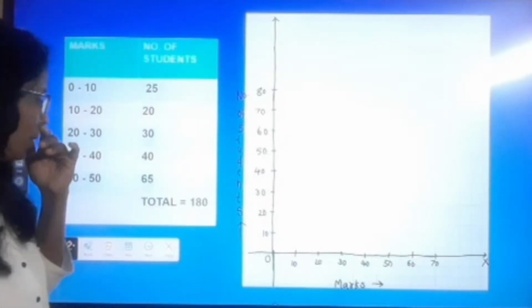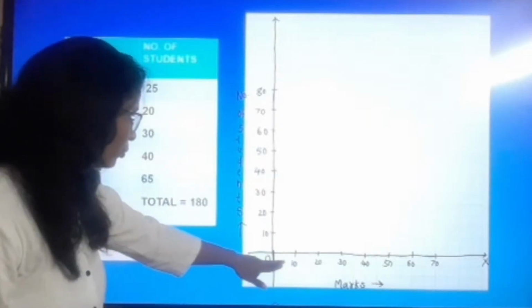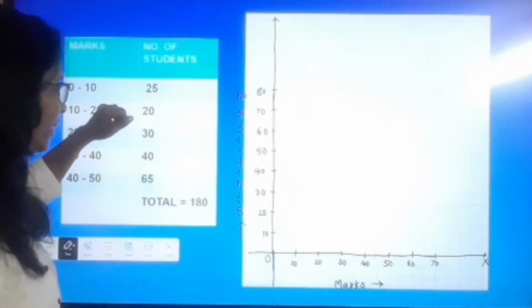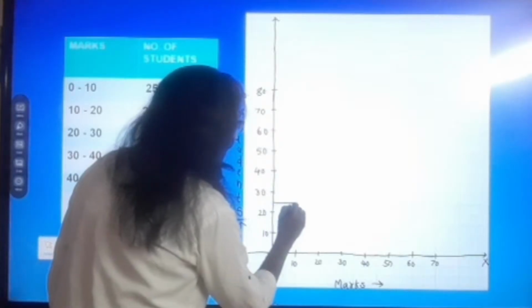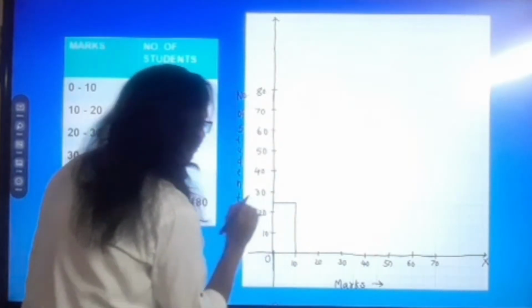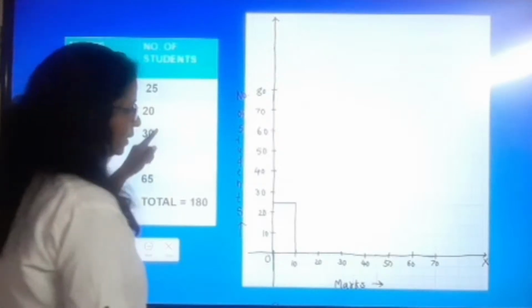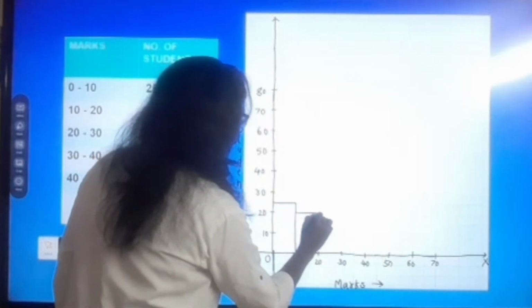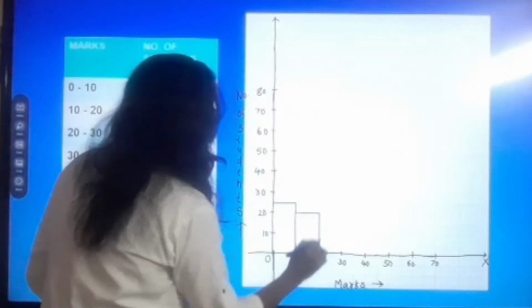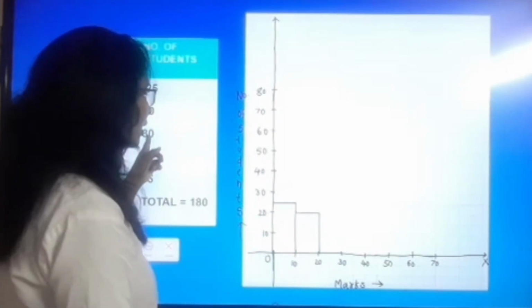Then here students, for the 0 to 10, that is 25. So here this is a position of 25. Then at the 10 to 20, it is 20. So 20 is here. Then class 20 to 30, it will be 30.